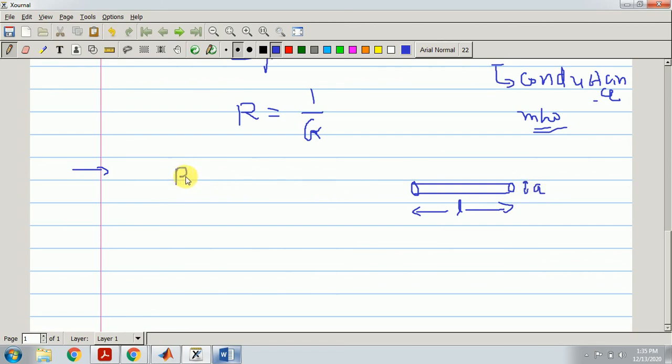Resistance is directly proportional to its length, and resistance is inversely proportional to its cross section area. Thus if you combine length and cross section area, you can write R is proportional to length upon area, and if you remove this proportionality constant, you can write R equal to rho L upon A. Here this rho is known as the specific resistance.